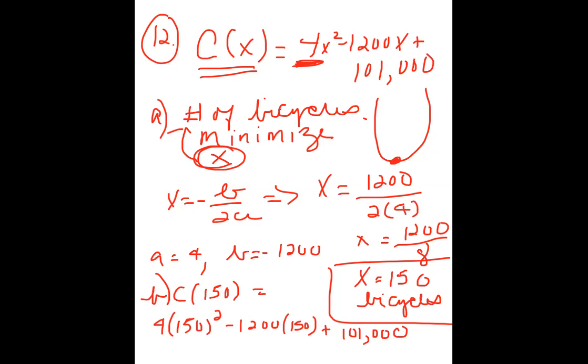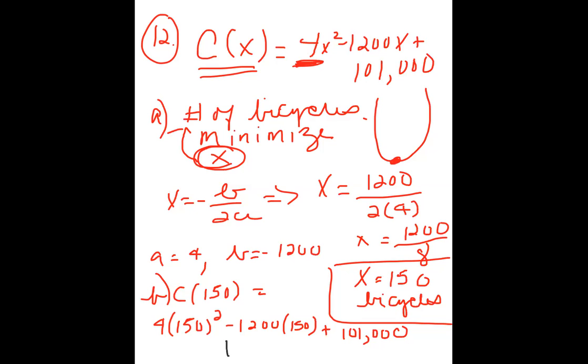Be careful when you're plugging in the value. 4 times 150 squared minus 1200 times 150, and then plus 101,000, and it comes out to 11,000. All right, guys.